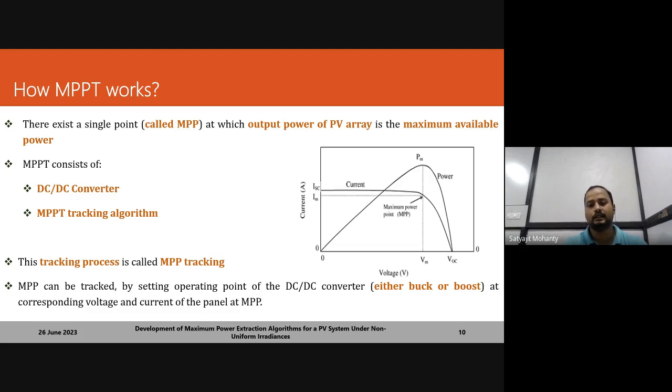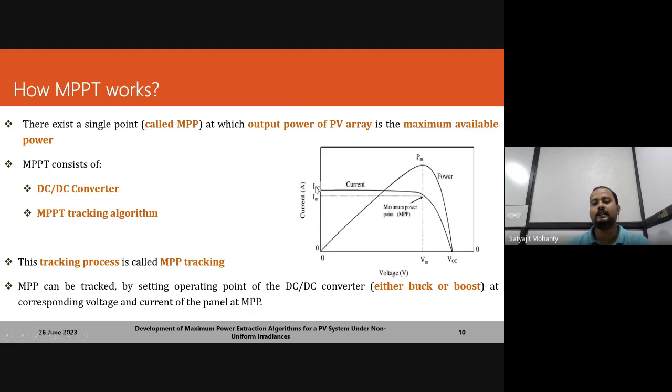This is the standard, and if we take that, we will obtain this response. This curve indicates the power versus voltage curve, in which we have a single peak, which is very easy to extract using any type of conventional MPPT. And the other curve is the current versus voltage.